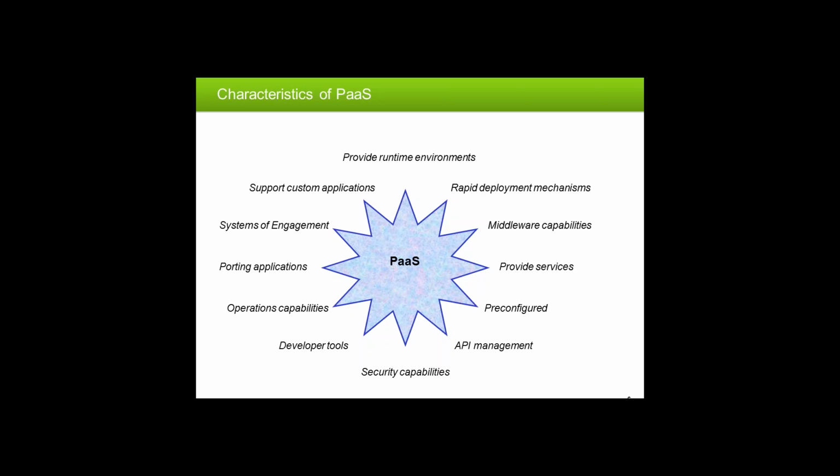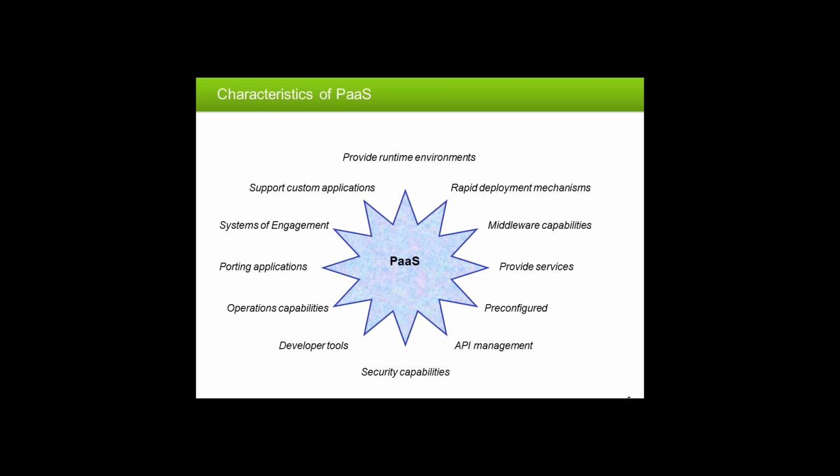Platform as a service is about developing and then deploying custom applications. So it's not surprising to find that the PaaS systems typically contain a variety of developer tools that help the developers of these applications build, test, and then deploy the applications that they're working on.